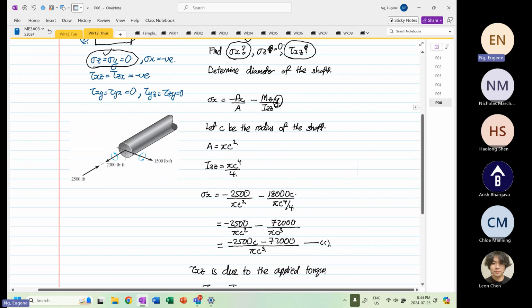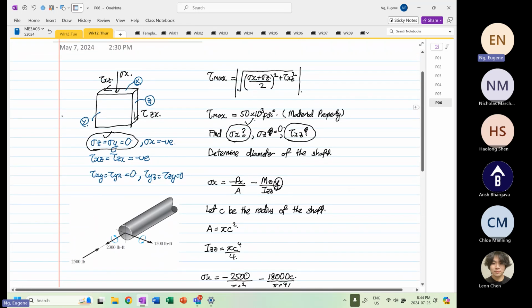From here, all we need to do is plug everything into this formula.